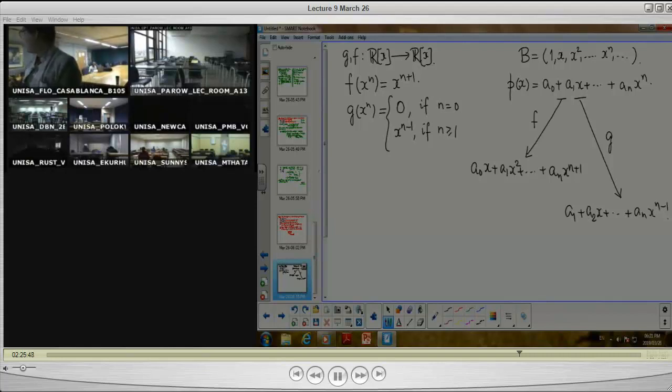G composed F, so you go here, come back here. So G composed F takes p(x) to p(x). Not really.